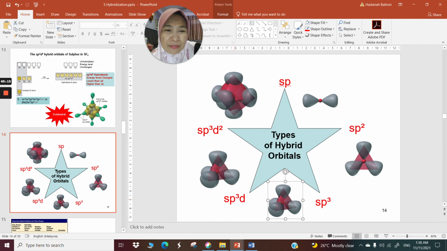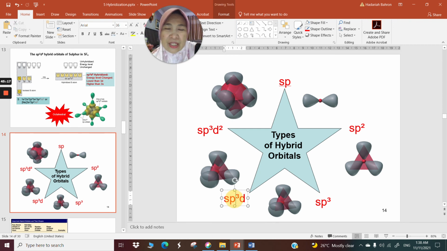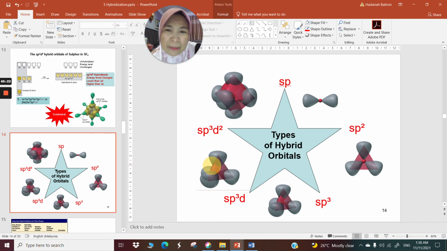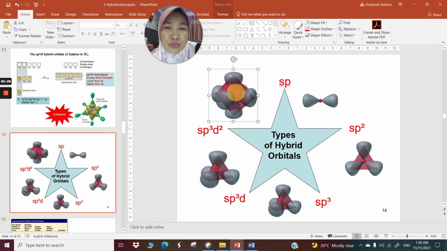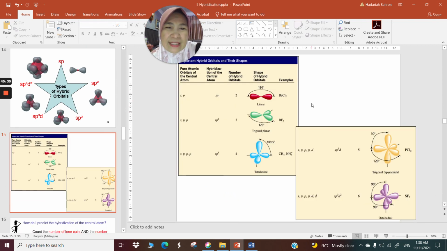And then the fourth hybridization that I talked about was sp3d for trigonal bipyramidal, and the last one was sp3d2 for octahedral shape.